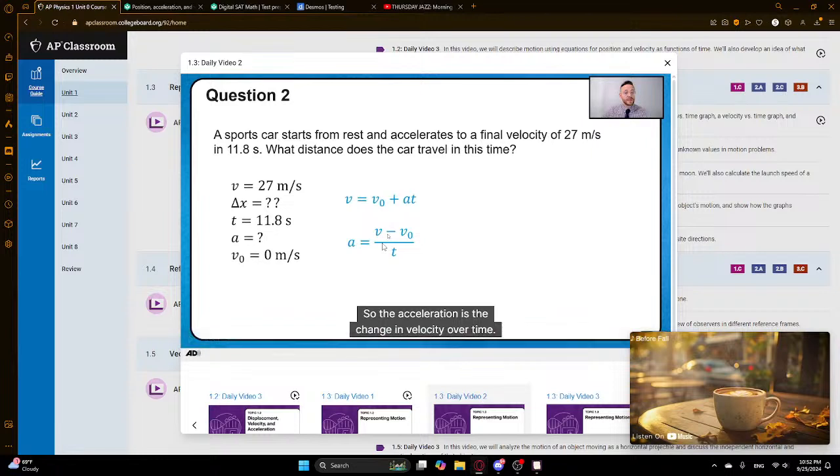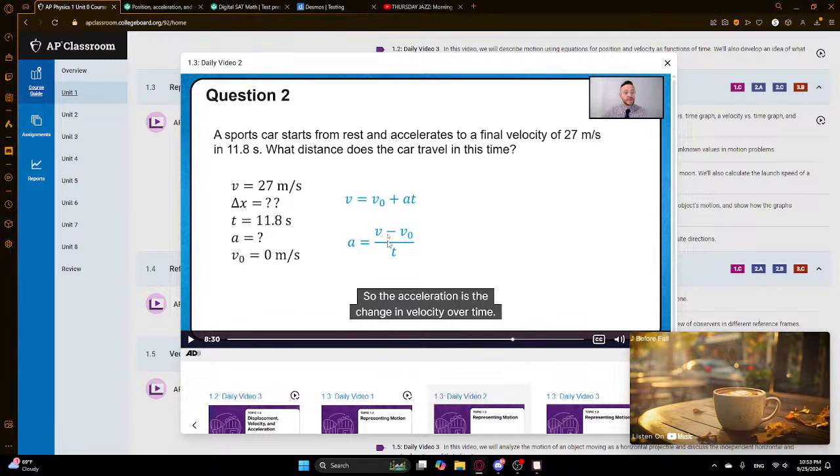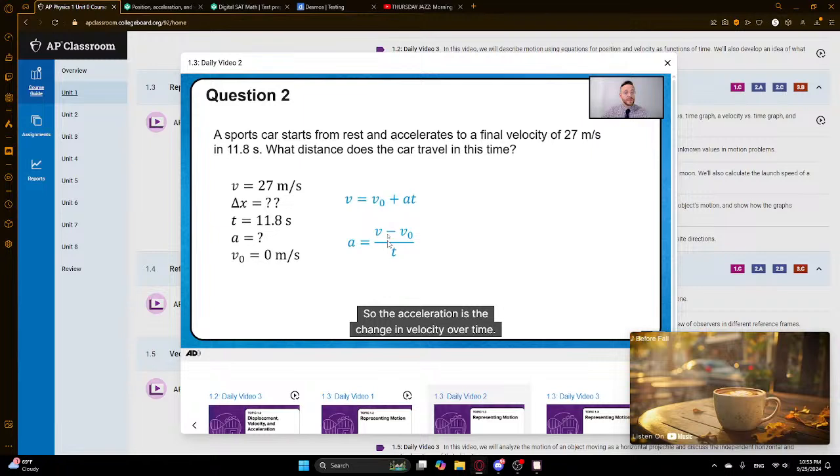V final equals V initial plus A times T. Manipulate that so A equals final velocity minus initial velocity over T. Final velocity is 27, initial velocity is 0, over time 11.8.